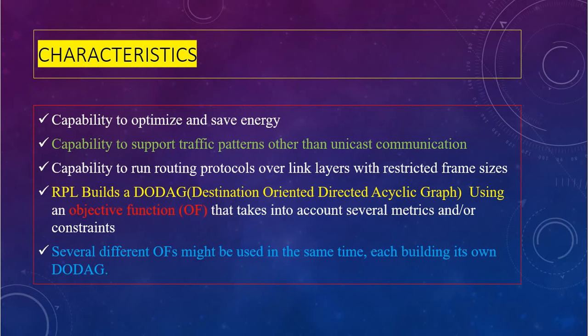Alright, so now coming to the characteristics of RPL. The first characteristic which RPL exhibits is the capability to optimize and save energy. It should be able to optimize the network in order to save energy.